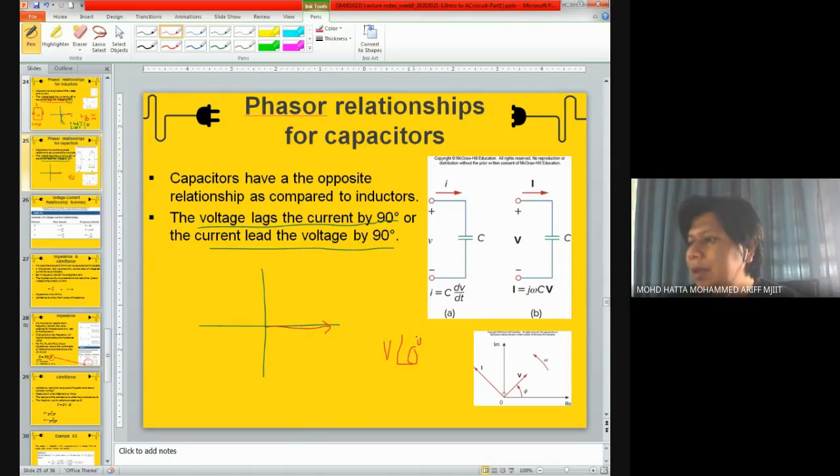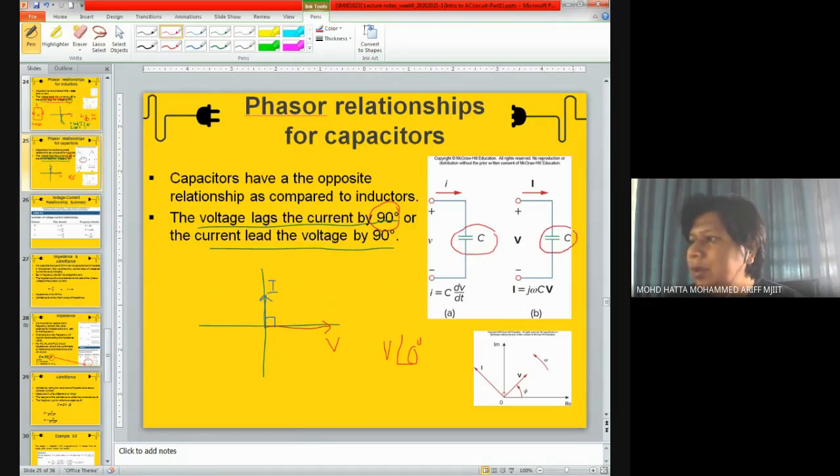It says the voltage lags the current by 90 degrees, and the current leads the voltage by 90 degrees. Means the current phasor should be up here. This is the 90 degrees difference between voltage and current. And this 90 degrees only applies if you have only a capacitor in your circuit.